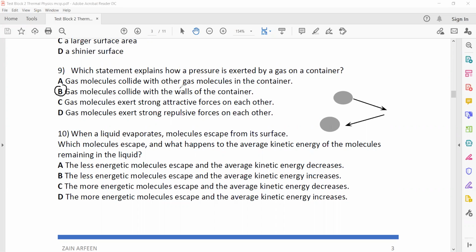The gas molecules also collide with other gas molecules, but that is not responsible for pressure on the container. Gas molecules exert attractive force on each other. That's wrong. The gas molecules exert repulsive force on each other, but this statement is true. But this statement does not explain how they exert pressure on the wall of the container.